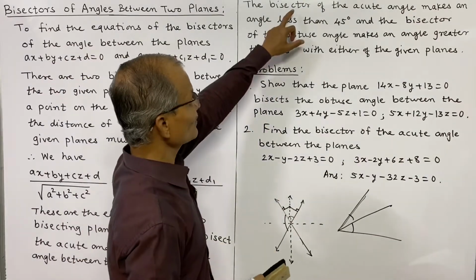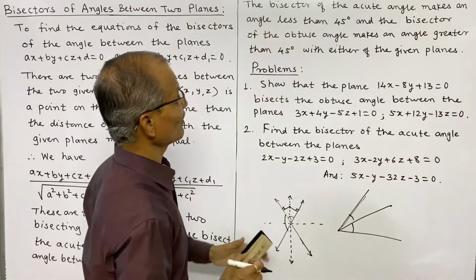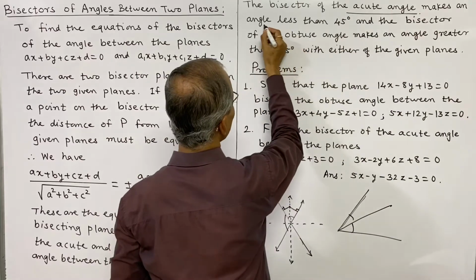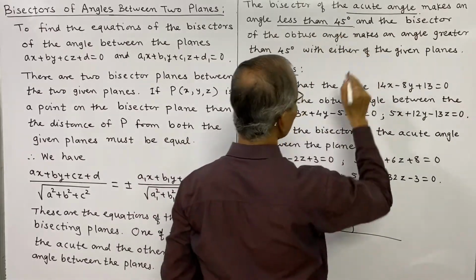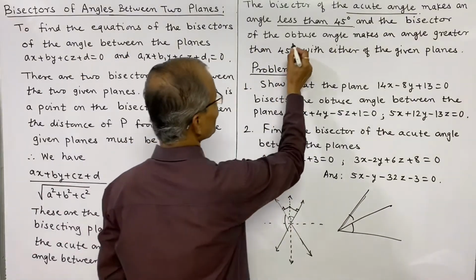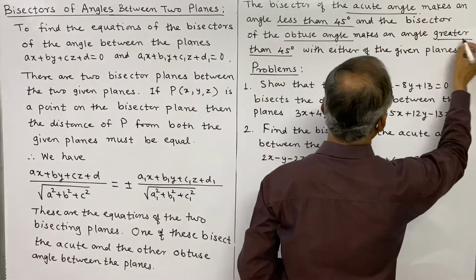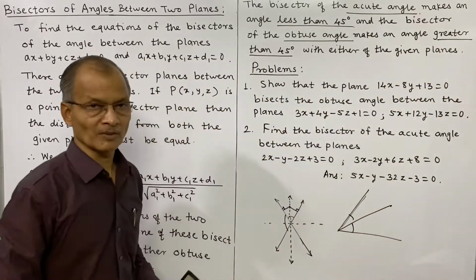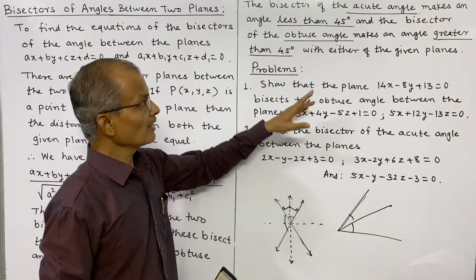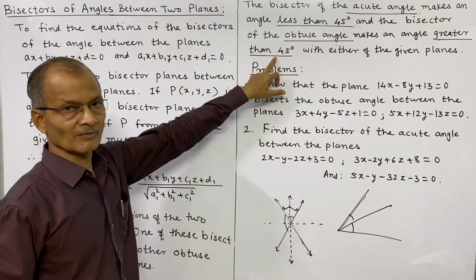The bisector of the acute angle makes an angle less than 45 degrees, and the bisector of the obtuse angle makes an angle greater than 45 degrees with either of the planes, one or second, both the planes.